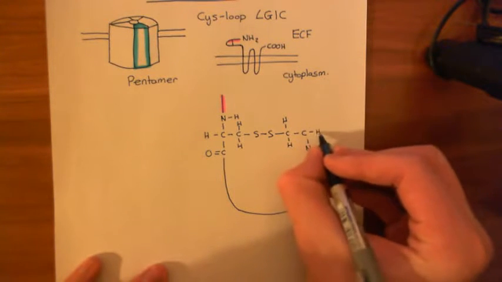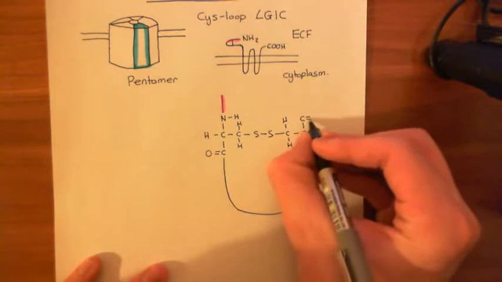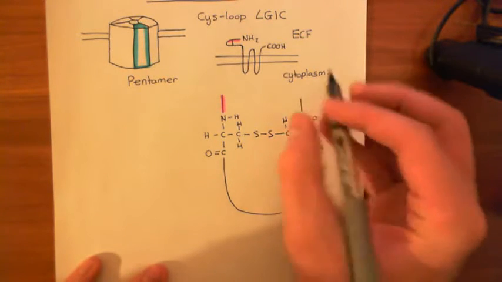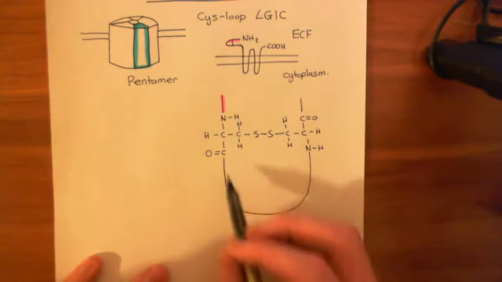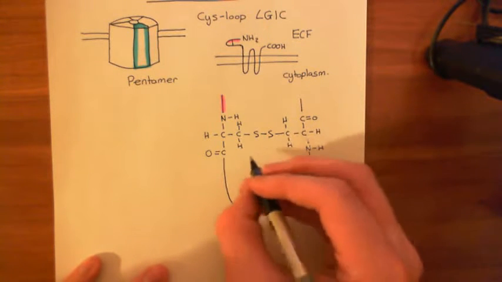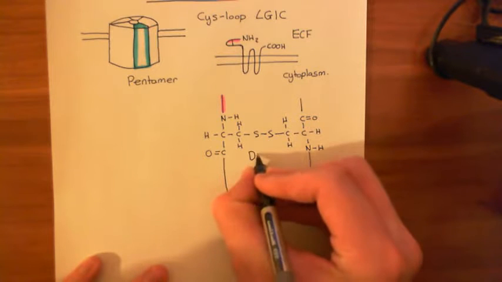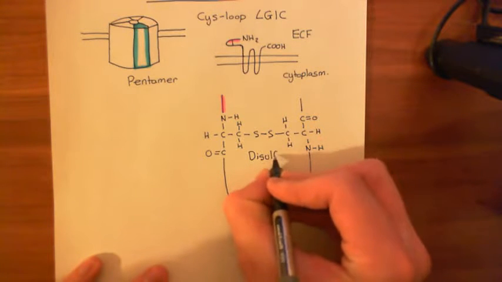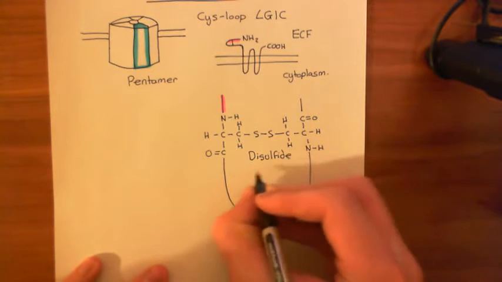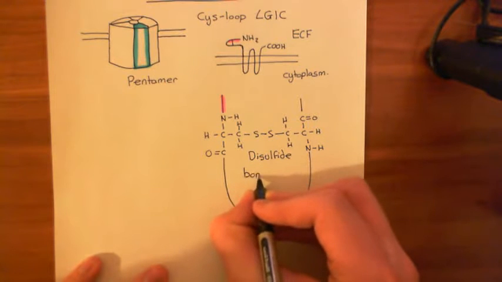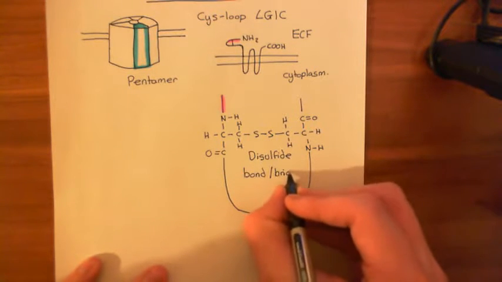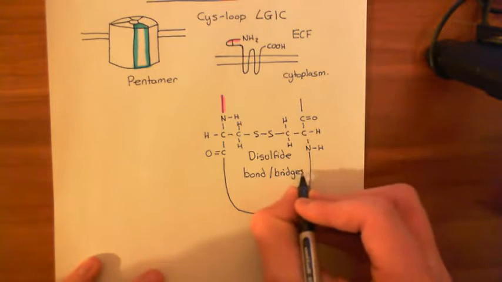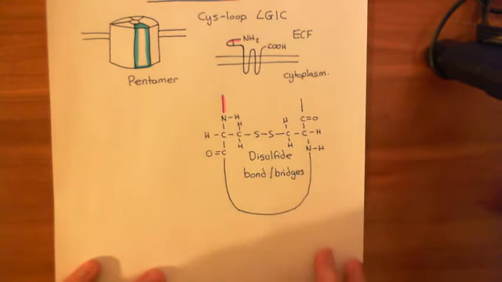This alpha carbon will also have a hydrogen, and then it will have its carboxylic acid group, and then it will continue on. So this is what is meant by cis loop. It's this loop in the polypeptide structure held together by this disulfide bond. Disulfide bonds are also often referred to as disulfide bridges because they're bridging the two polypeptide strands, in this case, because it is actually the same polypeptide.